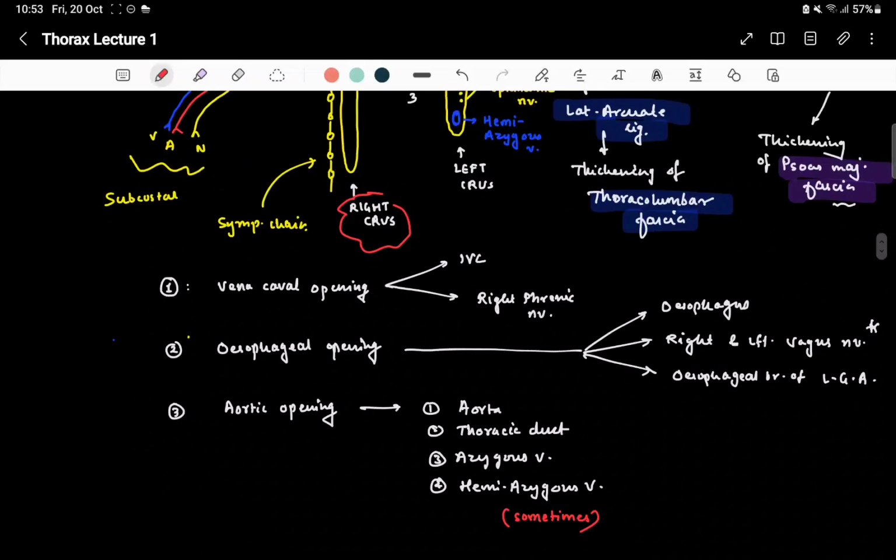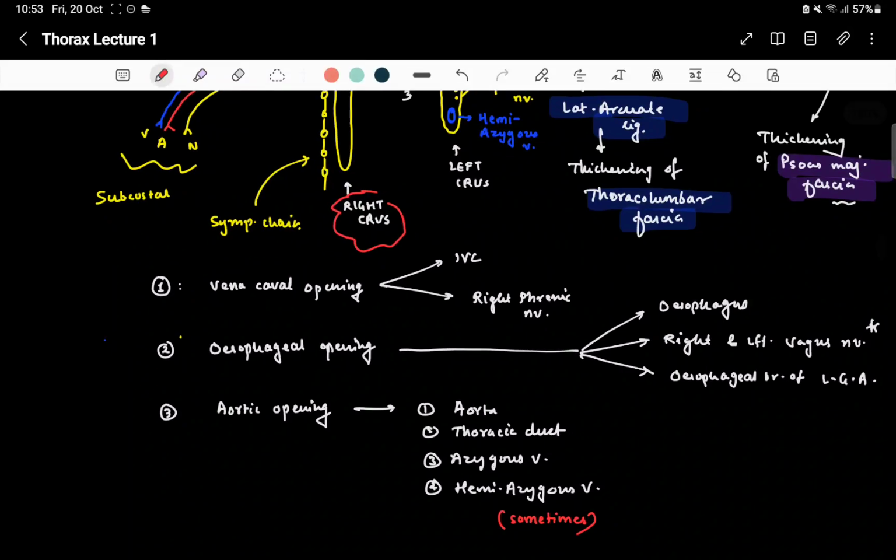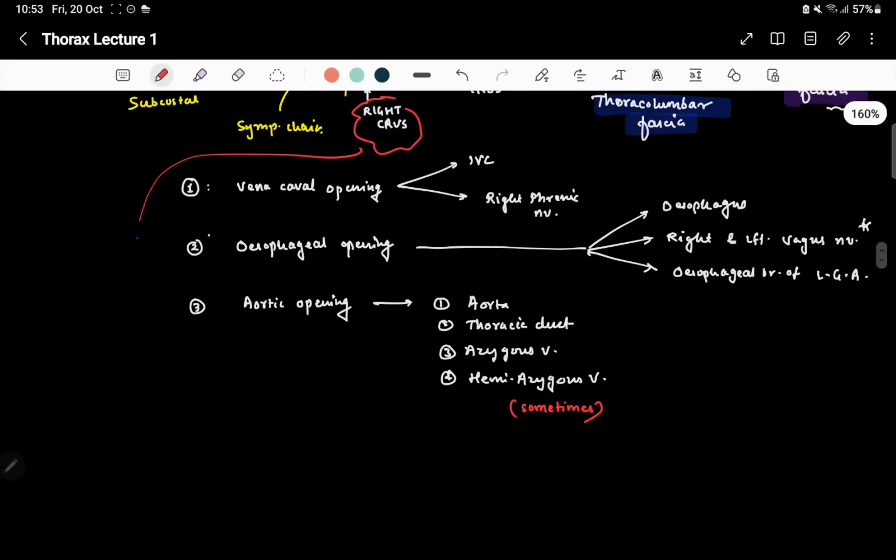Okay, this is the thing you should remember. So I can write this, that right crus is supplied both by left and right phrenic nerve. Okay, understood?